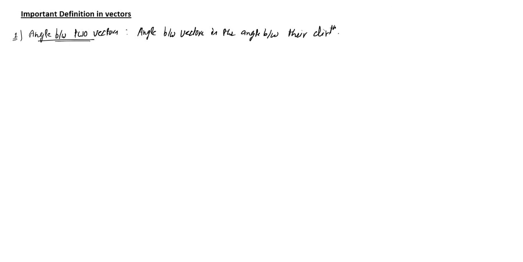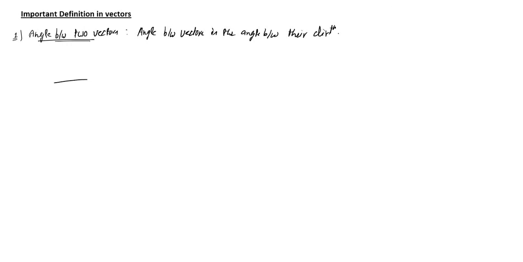This is a very simple definition. Vectors are simply a quantity which has magnitude as well as direction, and directions are taken in north, south, east and west. So if we want to find out the angle between two vectors, we need to find out the angle between their directions. Let us take an example.